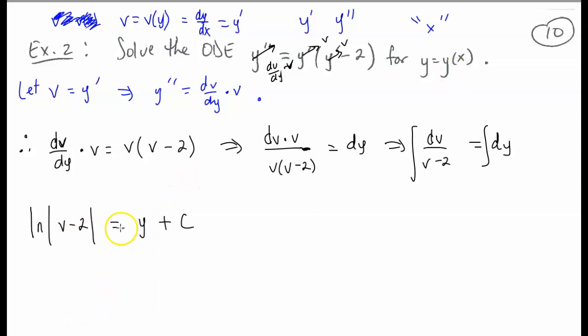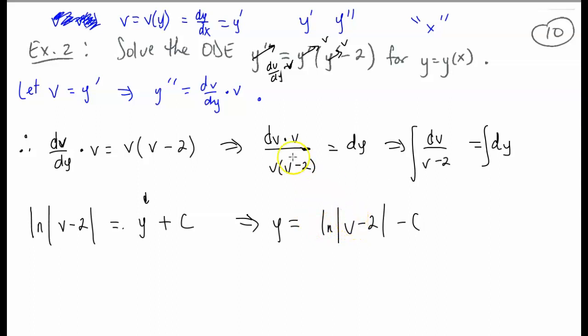All right, so at this point it would seem easy for us to just say, oh, look, we have y right here. And let's just say that y is equal to the natural log of the absolute value of v minus 2, minus c, and we're done, right? So that would seem obvious. However, what is v?